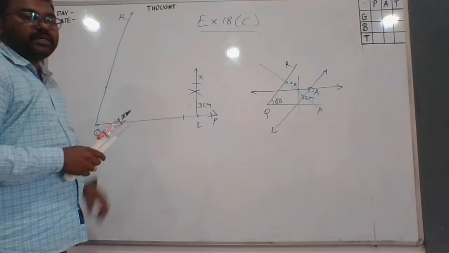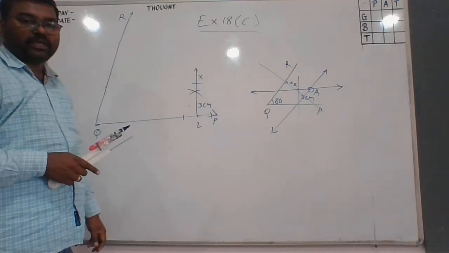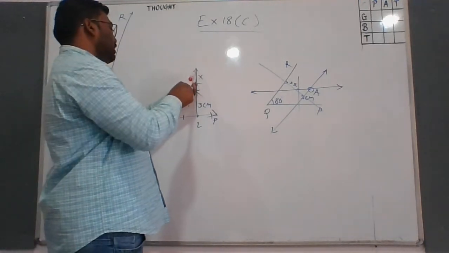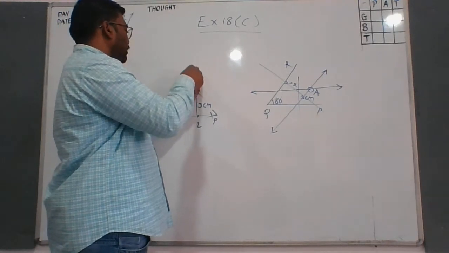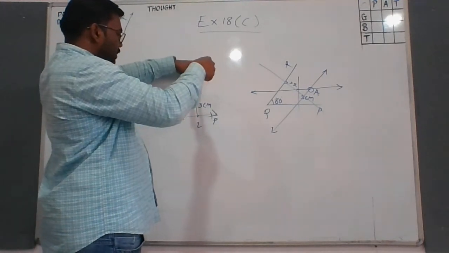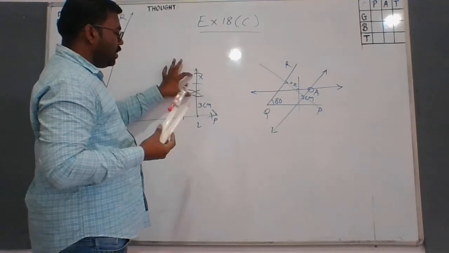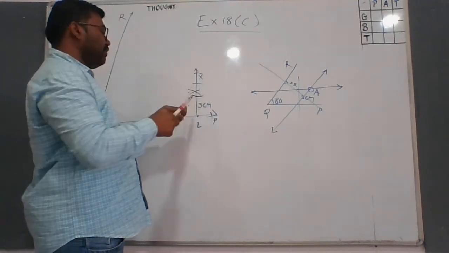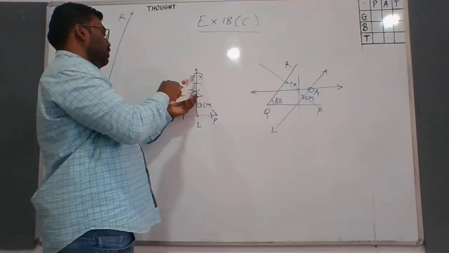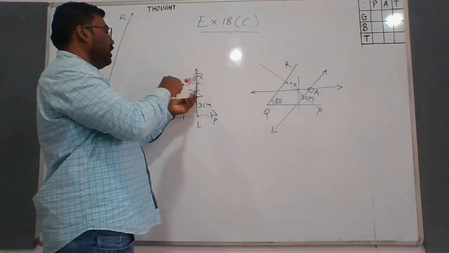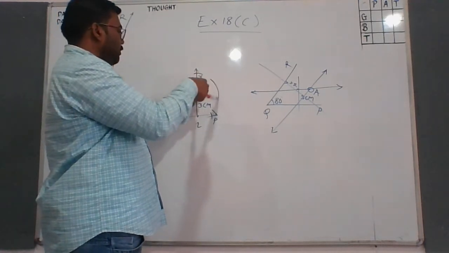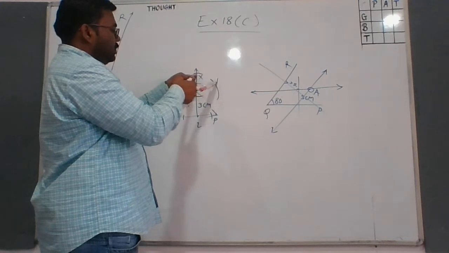Now, this XL is 3 centimeter. Now draw the parallel from the point X. Again, from X, two arcs, take more than half of these two to get a parallel line. First, second.